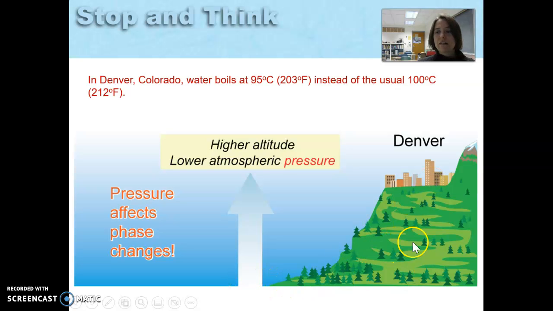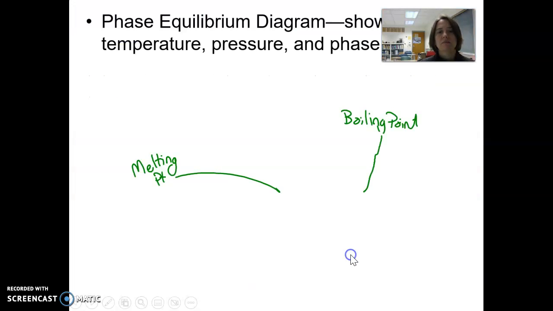So we know that Denver is a mile high. It's about 5,000 feet above sea level. And if you have a higher altitude, you have a lower atmospheric pressure. That's because there's less air pushing down when you're higher up. And that pressure is going to affect phase changes like boiling.